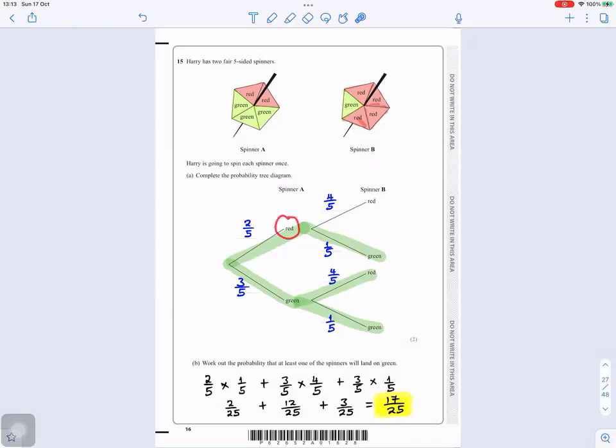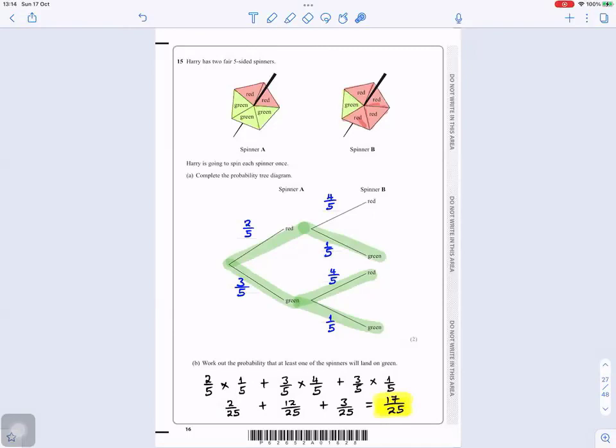Red for spinner A is 1, 2 out of 1, 2, 3, 4, 5, so 2 out of 5. Green for spinner A is 1, 2, 3, so 3 green out of 5. For spinner B, red is 1, 2, 3, 4, so 4 red out of 5, and green is 1 green out of 5.